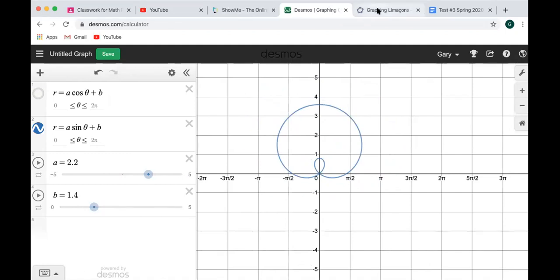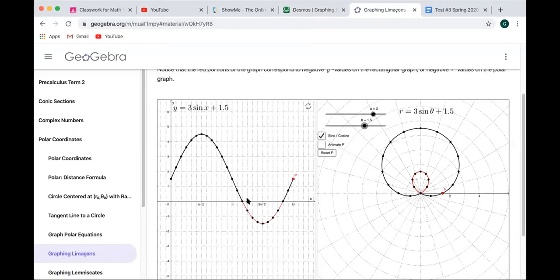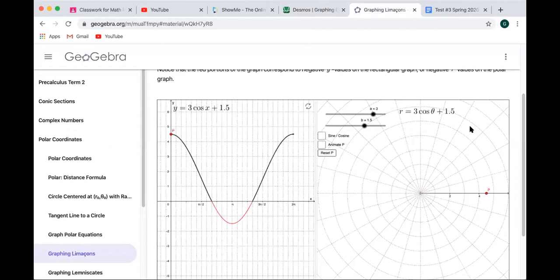Okay, what do you suppose happens if I make a change here? Let me bring this point back to the beginning. And what do you think happens if I click on this? And now it's a cosine curve. Take a minute to think about what will happen if I change the sine curve to a cosine curve. What predictions do you have?